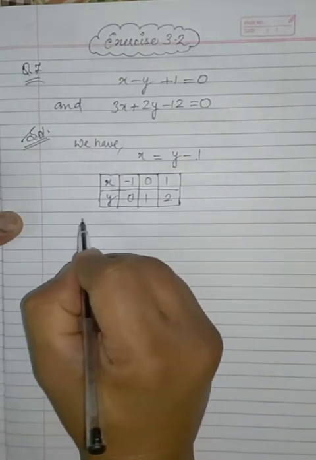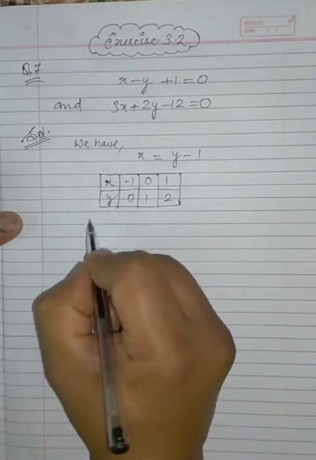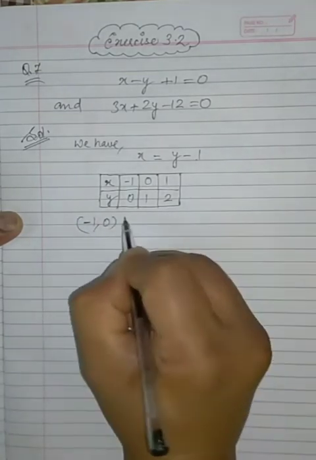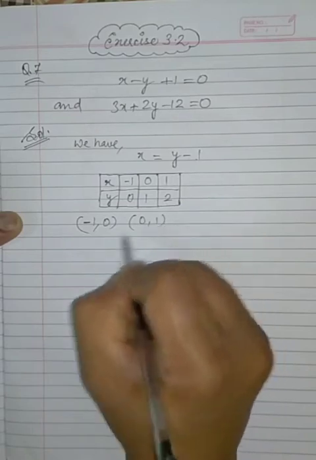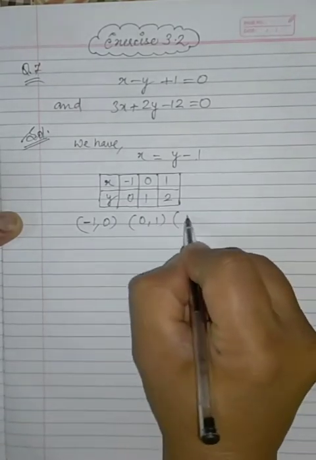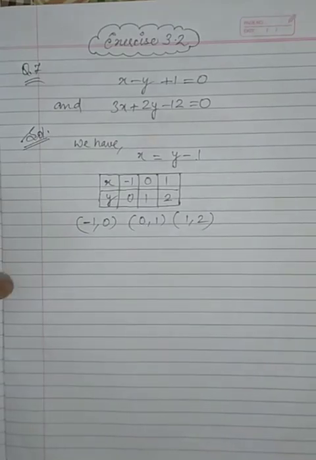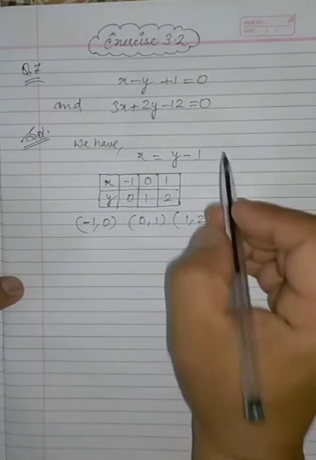That means we have the coordinates x comma y, that is minus 1 comma 0, 0 comma 1 and 1 comma 2, which we have to plot on the graph for the line x minus y plus 1 equal to 0.